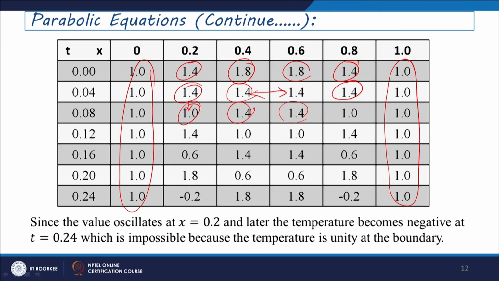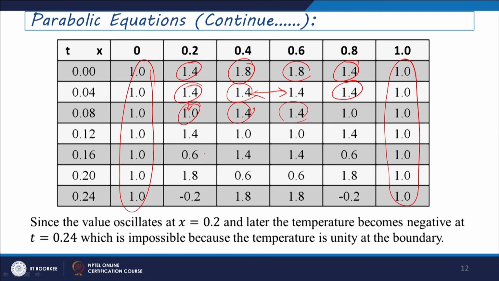This means that the temperature starts at 1.0, suddenly increases close to the boundaries, and then decreases. At the 0.16 level it decreases again, and at the 0.12 level it increases again. So this represents an oscillating profile, and after the 0.20 level we find that it goes to a negative level.